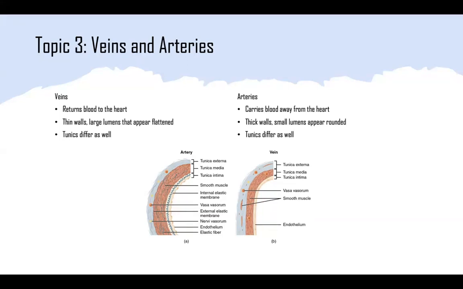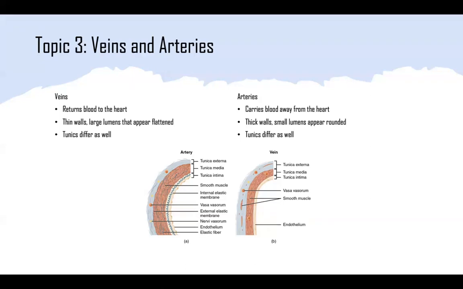The tunics in veins and arteries differ as well. In arteries, in the tunica intima, the endothelium is wavy, as we can see right here, and the internal elastic membrane is present, whereas in the veins, the endothelium appears smooth, as shown right here, and the internal elastic membrane is not present.